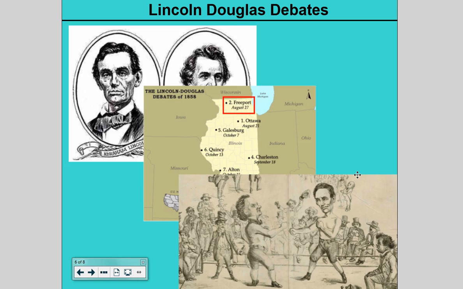Douglas actually ended up winning his re-election for senator in these series of bouts and debates, but in the long run, he lost ground in his own party by alienating Southern Democrats and even some Northern moderates. On the other hand, Lincoln emerged from the debates as a national figure and a leading contender for the Republican nomination for president in 1860, and it again shows the split that's on the horizon for the Democrats. So Lincoln is rising to prominence, Douglas is splitting his base.